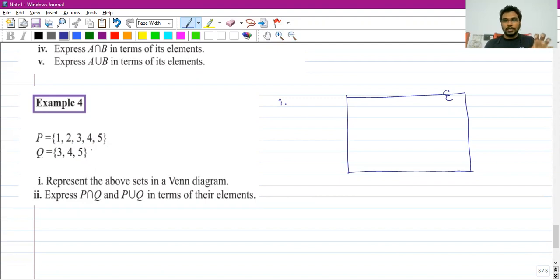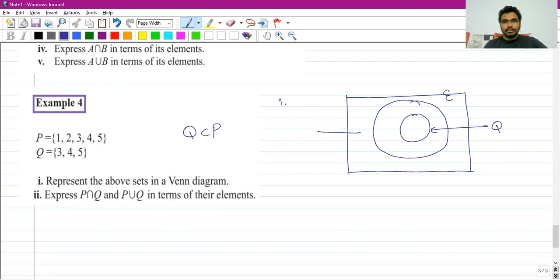Or Q is a subset of P. So you know how to denote it. If Q is a small circle like this, all the elements of this Q are denoted inside this set P. So from this one we can denote Q is a subset of P. I think you can remember and understand it well.